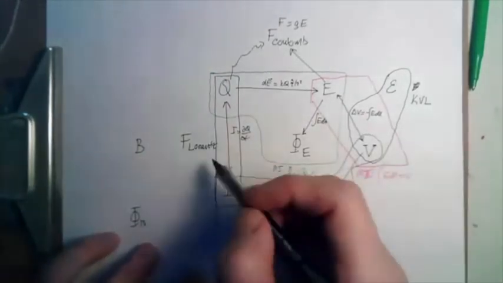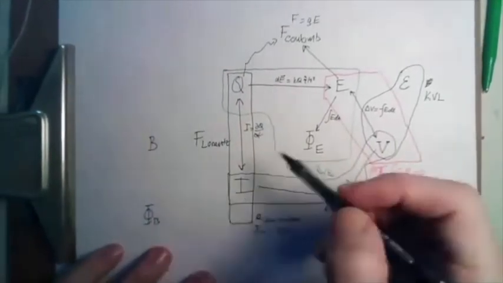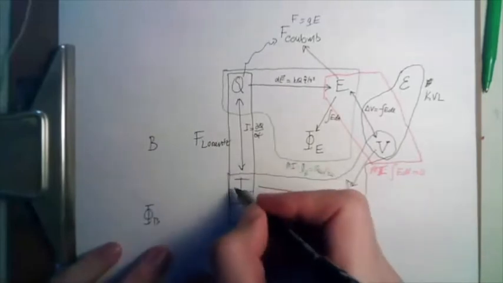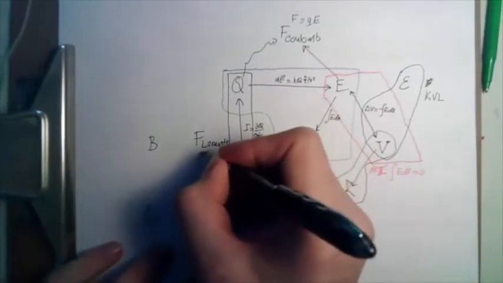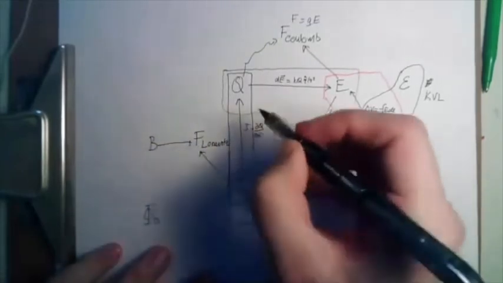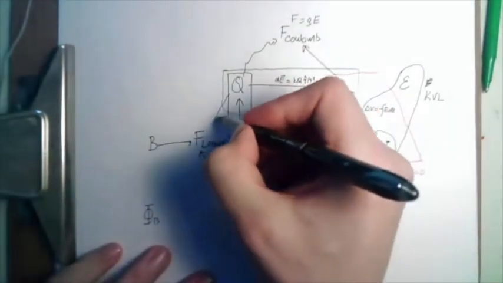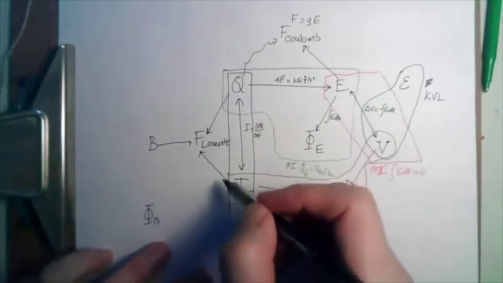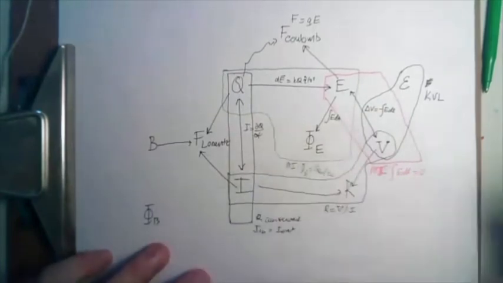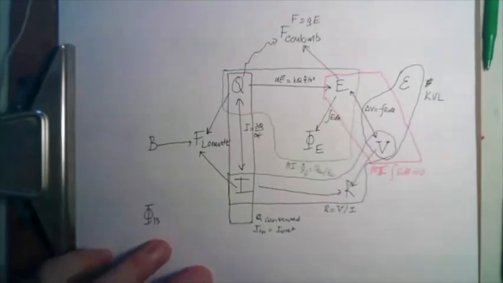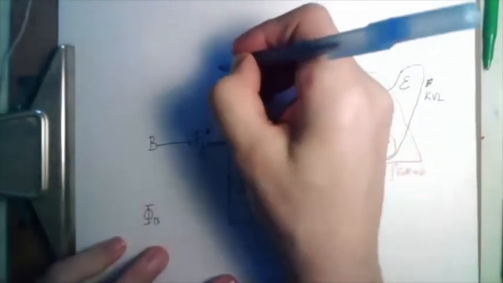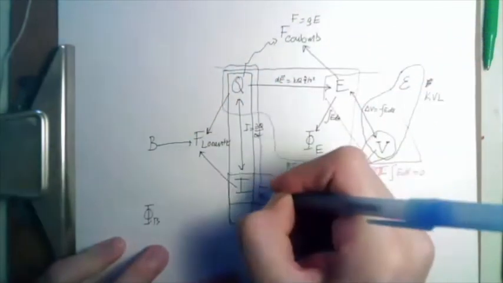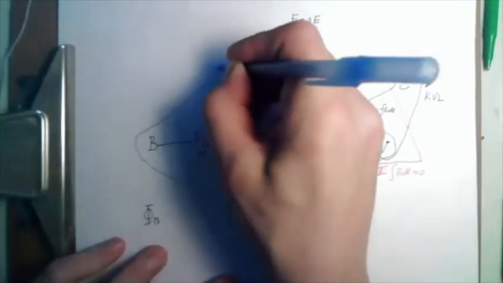All right. Now, Lorentz forces. Lorentz forces were the result of either a magnetic field acting on a current carrying wire or a moving charge. So that was the Lorentz force. Well, I'm going to need another color. And I warned you, this gets messy.